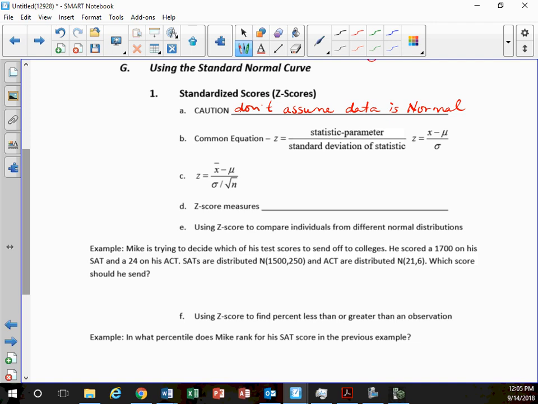You will either be told this is normally distributed data and then you don't have to worry about it, or if they just give you a set of values, you need to check. Take a quick glance at the histogram, look at the normal probability plot. In some way you need to determine, yes, this is actually normal data and I can use the z-scores. If it's not a normal shape, you cannot use the formulas for z-scores. It doesn't work. The percentages don't line up.